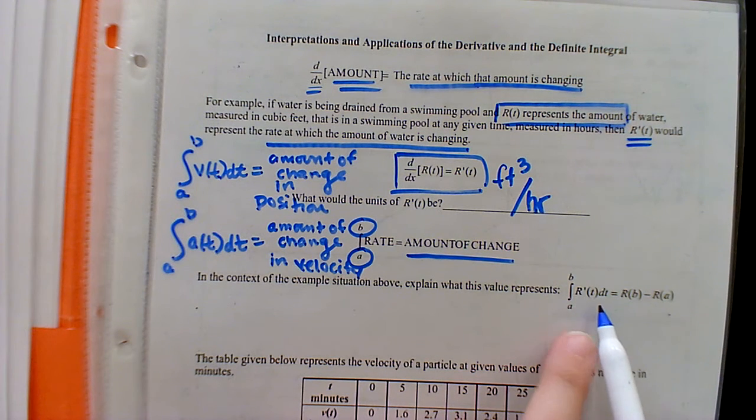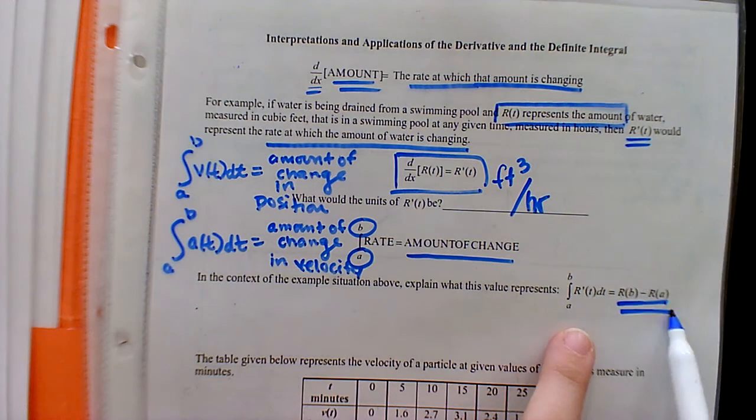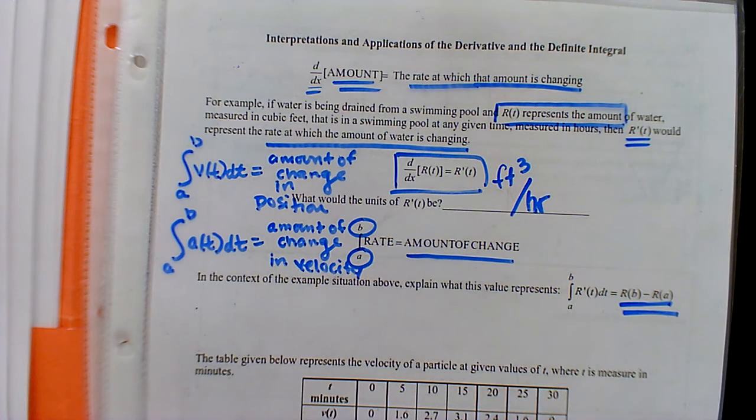If we were to integrate the rate at which the water or volume is changing, what would we be getting as a result? If we did top minus bottom, if we were to work backwards from the rate at which the water's changing, what would this value be if we actually had numbers to go with it?